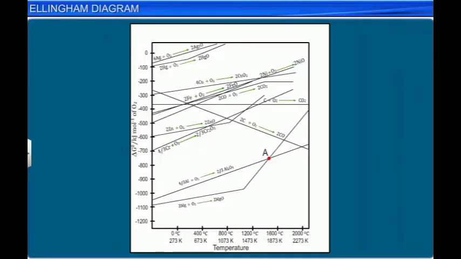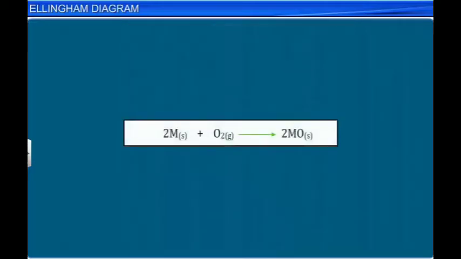An Ellingham diagram of oxides has several important features. Let's look at them one by one. The first feature is that the graph for most metal to metal oxide reactions shows a positive slope. Consider a reaction such as the formation of an oxide, that is 2M plus O2 gives 2 metal oxide.